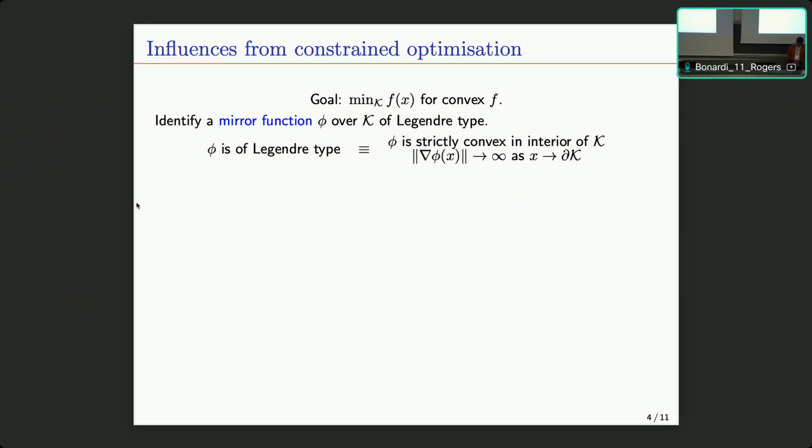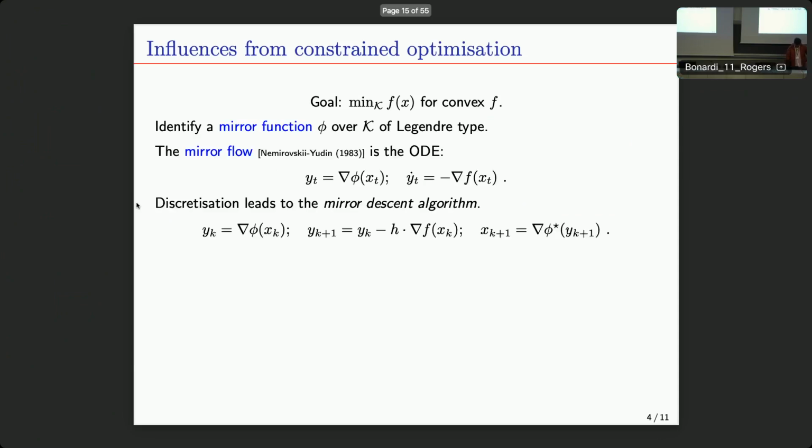So what do we usually do in constrained optimization? Suppose our goal is to minimize a convex function f supported on K. We identify a mirror function phi over K, which is of Legendre type. And we can then have the mirror flow ODE, discretizing which gives us the mirror descent algorithm, which is very popular in optimization.